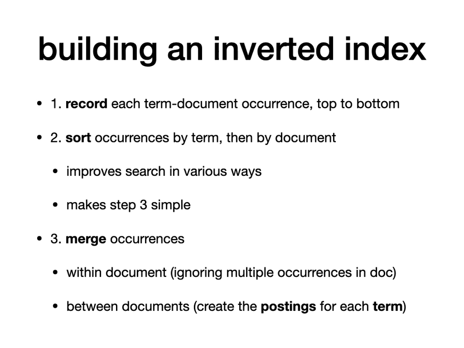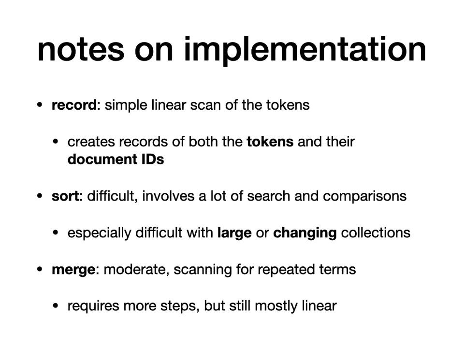So when we are implementing these things, how do we do it? What are some ideas for how to implement these steps when I go to actually do this in code? Well, first, the recording, like I said before, is just a linear scan of the tokens. It creates little objects, or simply small lists: what is the term, and what is the location of its document?